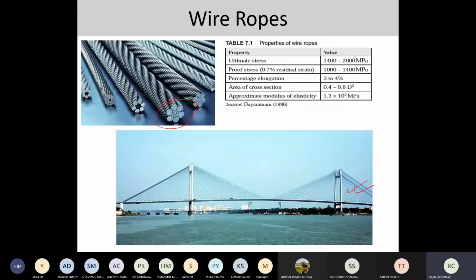Over the Ganga river, there is one bridge in Calcutta that is called the Second Hooghly Bridge. That Second Hooghly Bridge is primarily composed of this particular configuration. It is primarily ropes, and those ropes are the tendons, the tensile members acting as tension members.